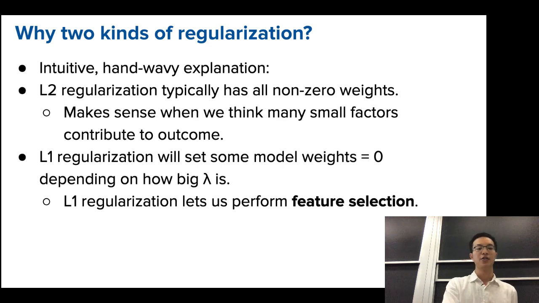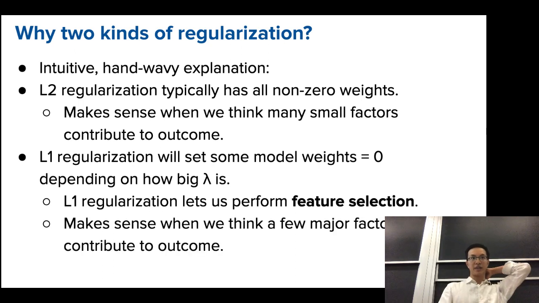And because of that, we say that if you use L1 regularization, you can also perform what we call feature selection, right? So it'll mark which features it thinks are completely useless, and because of that, we can select out the features that we think are important. Because of this trait of L1 regularization, it makes sense when we think a few major factors contribute to the outcome, as opposed to many small ones.